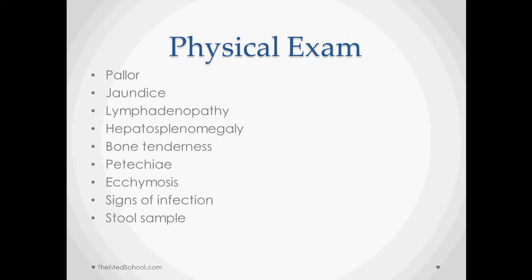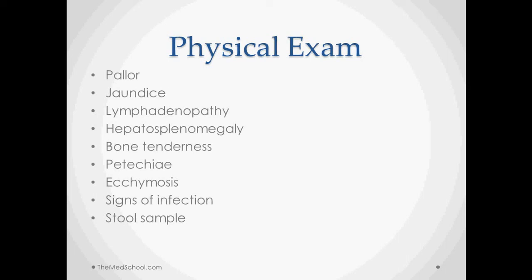On physical exam, you look for some of the things that we saw in the chart back there, like pallor, jaundice, lymphadenopathy, which may be indicative of some kind of autoimmune or inflammatory process, as well as malignant processes. Hepatosplenomegaly is common in spherocytosis, sickle cell anemia, some of the anemias that involve changes in the red blood cell size and shape.